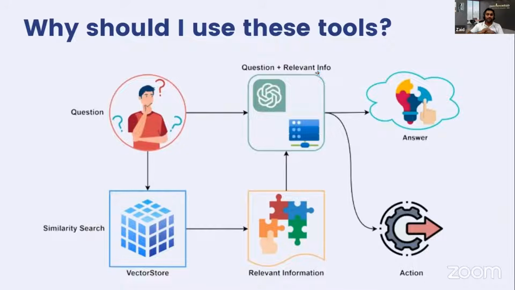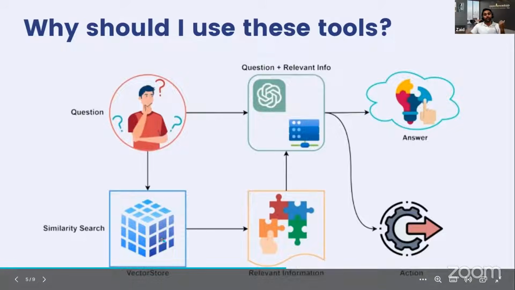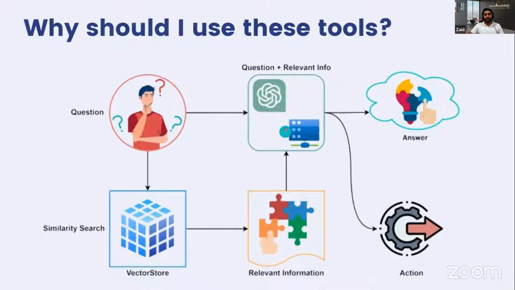Now the question arises: how will we be able to collect the relevant information from the database? So now a new word comes in: we have a vector database, and we store all of our data in this vector database. By the use of similarity search, we collect the relevant info and throw it into the window of ChatGPT.